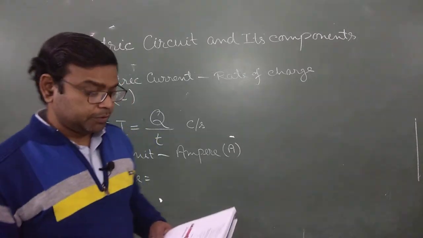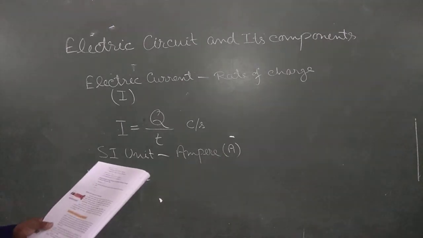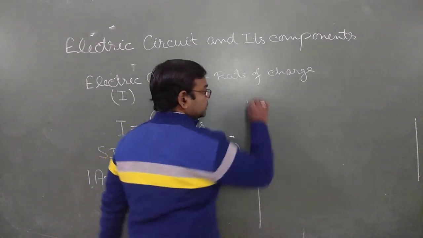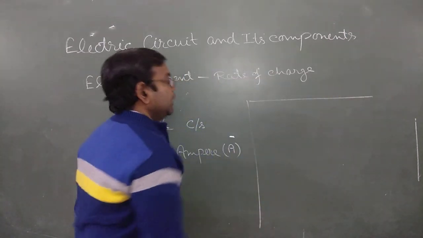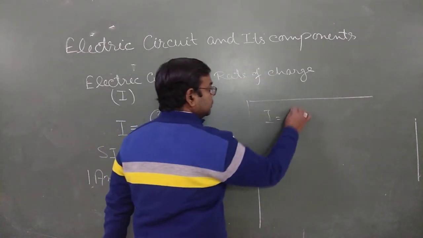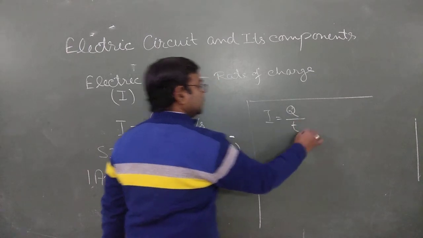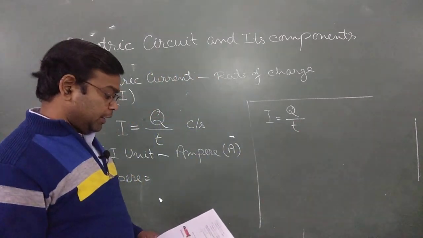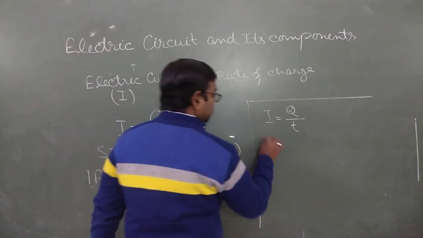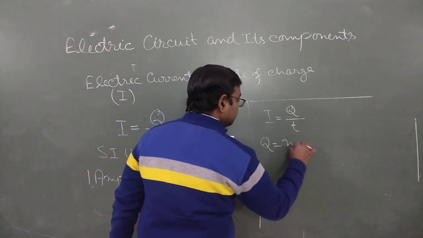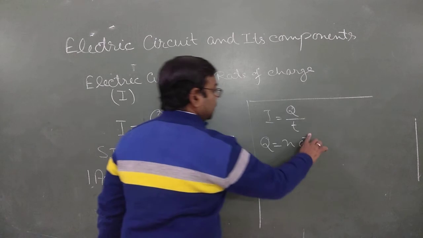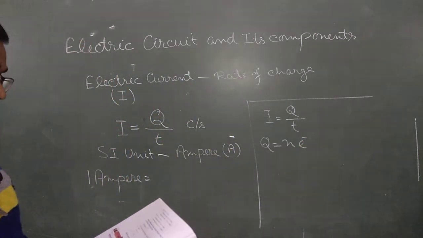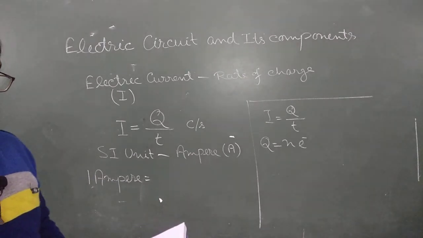Now there is a relationship between current, number of electrons, and electric circuit. As we know, I equals Q upon t, amount of charge by time t. But we also know that Q equals number of electrons times e, where e is the negative charge on each electron.